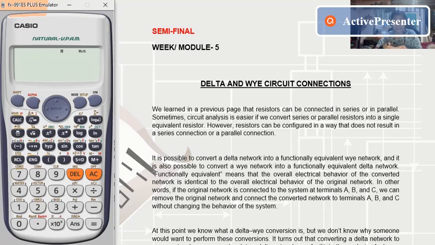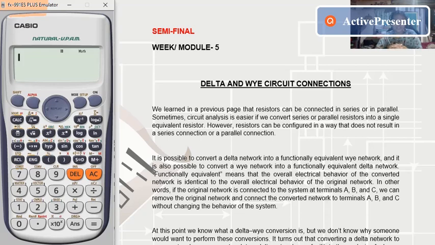It is possible to convert a delta network into a functionally equivalent Y network, and it is also possible to convert a Y network into a functionally equivalent delta network. Functionally equivalent means that the overall electrical behavior of the converted network is identical to the overall electrical behavior of the original network.